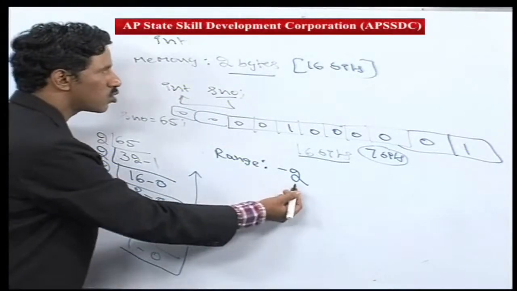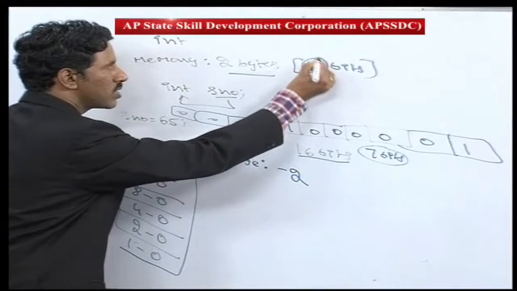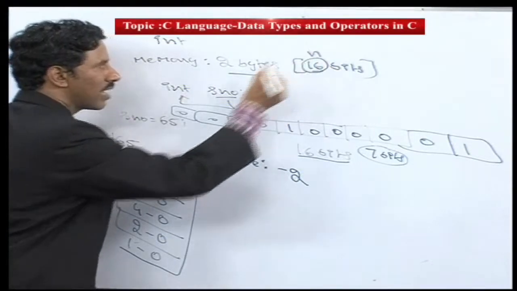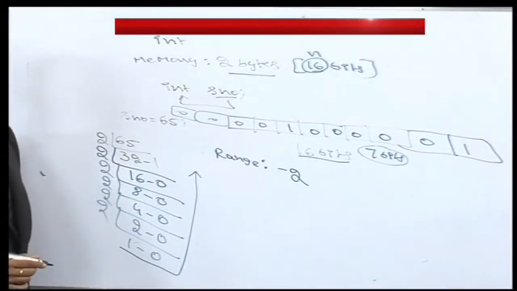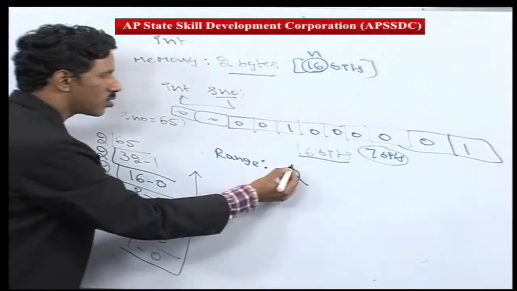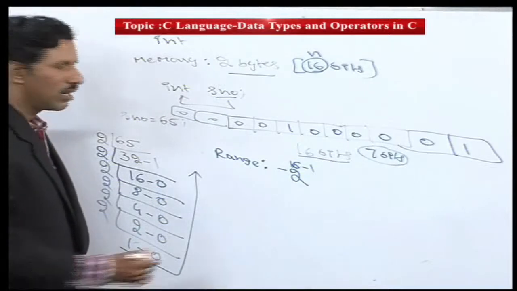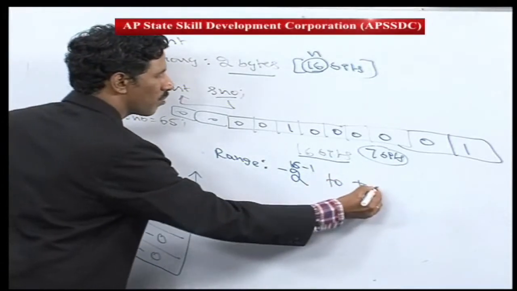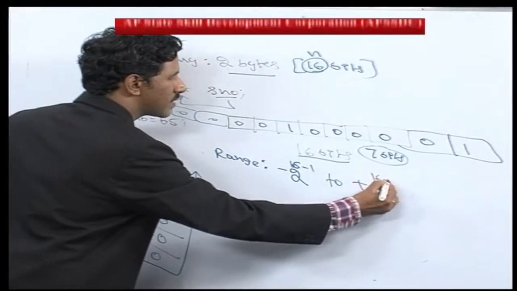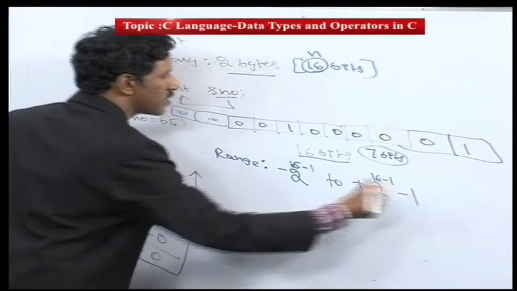Here the formula is minus 2 power n minus 1. This 16 value is called the n value: minus 2 to the power of 16 minus 1. After that the positive range is plus 2 to the power of 16 minus 1, minus 1.